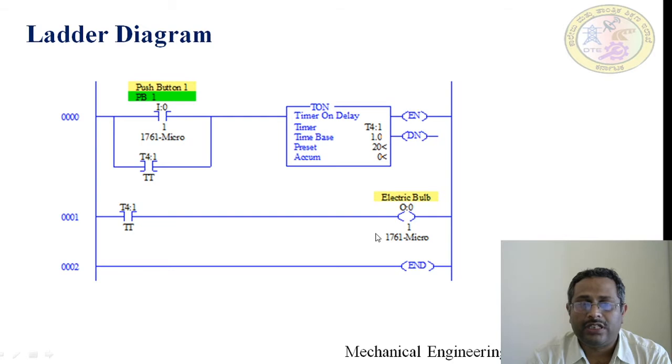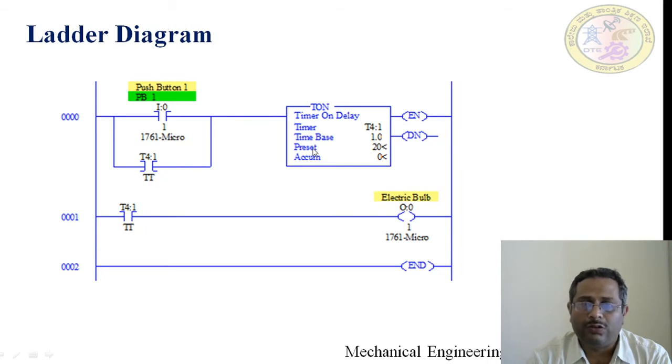For the input, we are branching in another open contact with the address of timer timing for latching purposes, because once we switch on the push button and release it, the output would switch off as the power is lost. But it should remain on until another input is supplied to switch it off. For that we are latching the output.